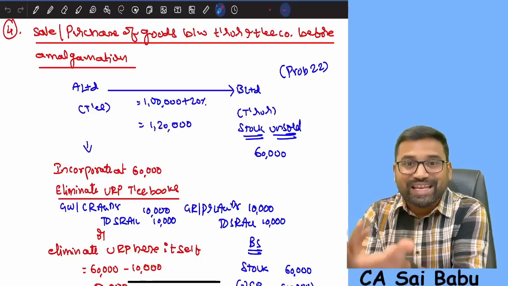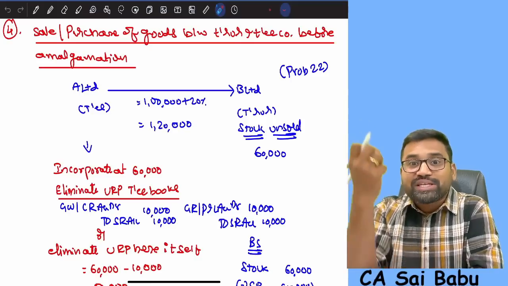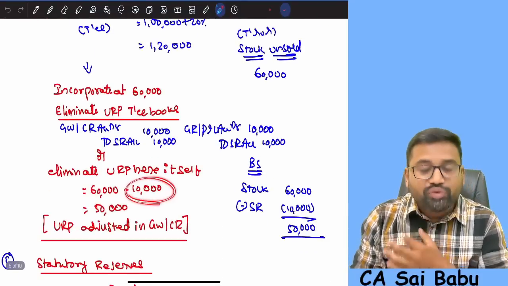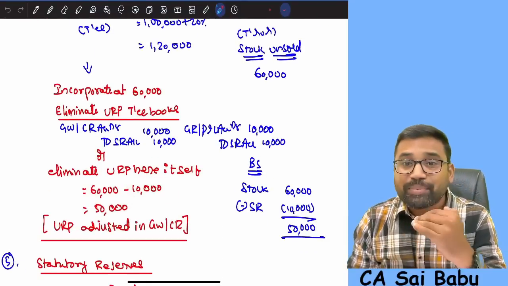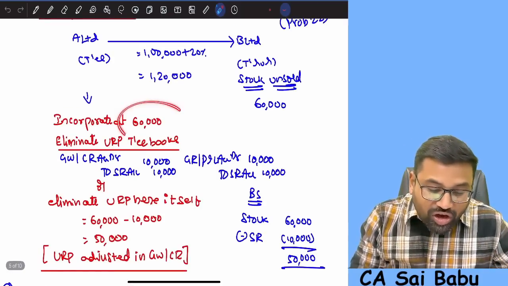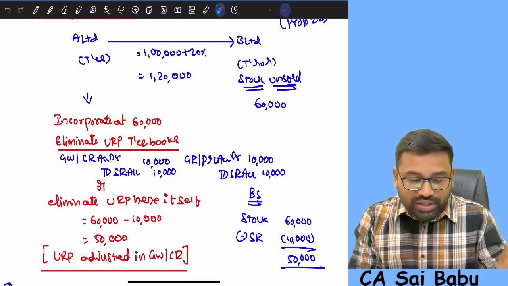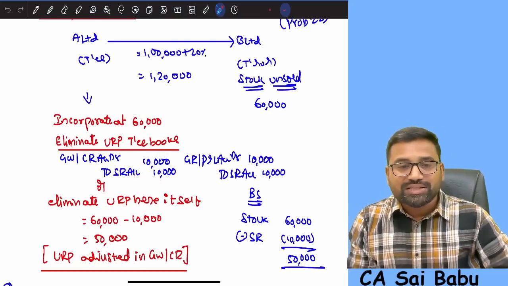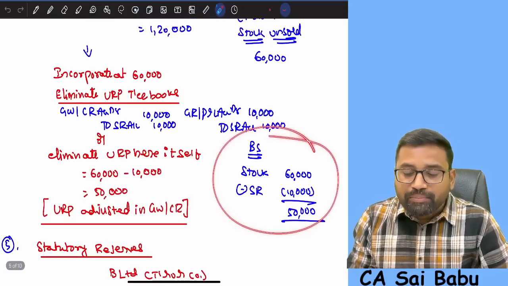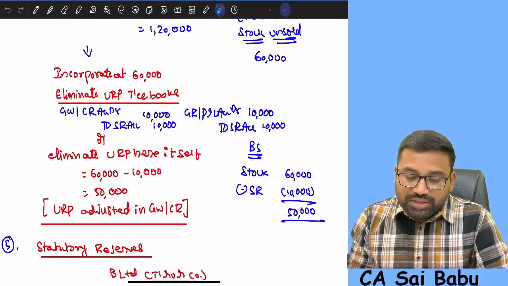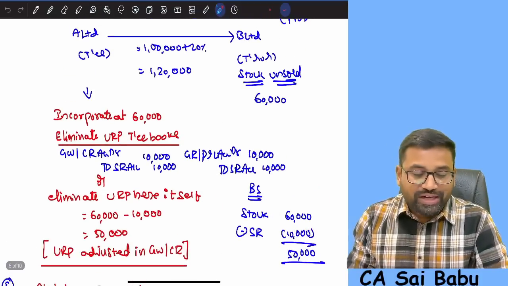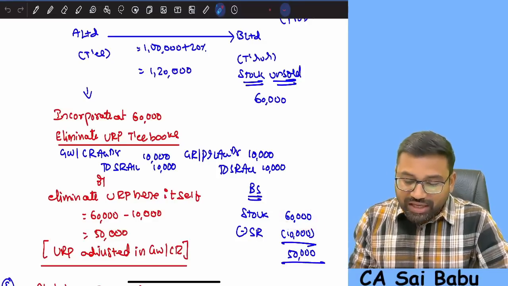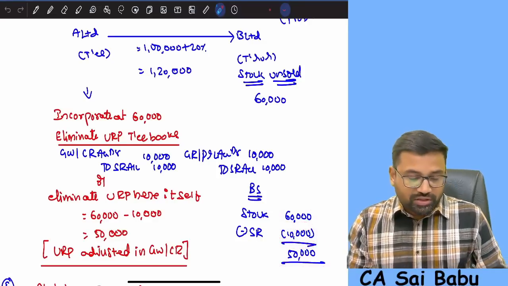Therefore, when we take over the stock of the transferor company, if you eliminate it at the time of takeover itself, there is no need to write a separate elimination entry. Suppose you incorporate the stock at its original value of 60,000, then you write a separate entry to eliminate the unrealized profit. And when preparing the balance sheet after amalgamation, you take the stock of the transferee as well as the transferor company. So transferor company stock 60, URP 10, take 50,000 only.